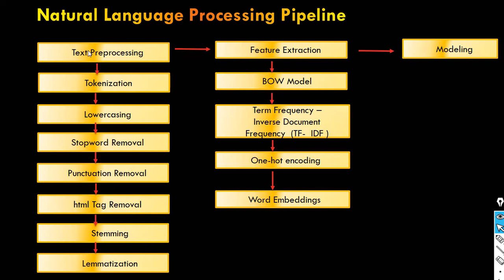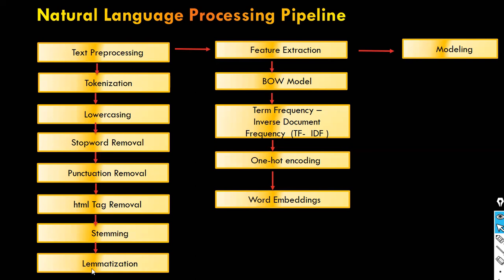As part of text processing, these are the tasks that we typically, conventionally carry out. Tokenization, lowercasing, and converting the text into lowercase. You have a mix of lowercase and uppercase, so better you convert everything to lowercase. And then stop word removal, punctuation removal, HTML removal, stemming, lemmatization.